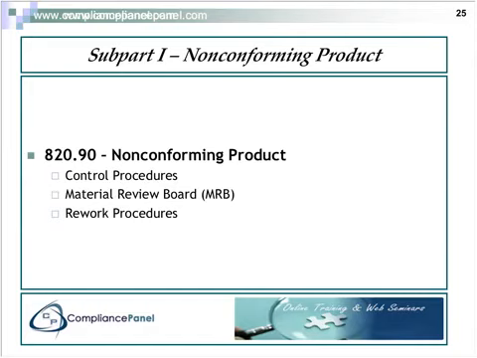For manufacturing and quality personnel, non-conforming product would be an important subpart. It's imperative that whenever any non-conforming material is identified at any point during the manufacturing or inspection process, you can identify it and segregate it from its use.